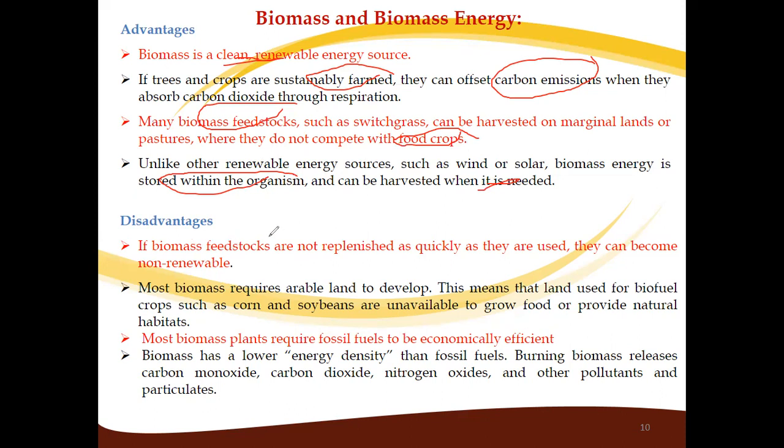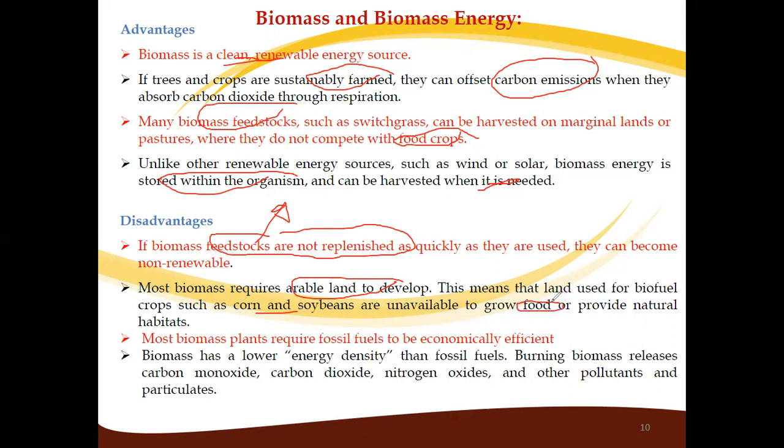Disadvantages: the biomass feedstocks must be replenished as quickly as they are used. So they are exhaustible, and they can become a non-renewable source of energy. Why? Because we are using this biomass feedstock directly by direct firing or co-firing. Most biomass requires arable land to develop. That means the land used for biofuel crops such as corn and soybeans is unable to grow other types of food and provide natural habitats.